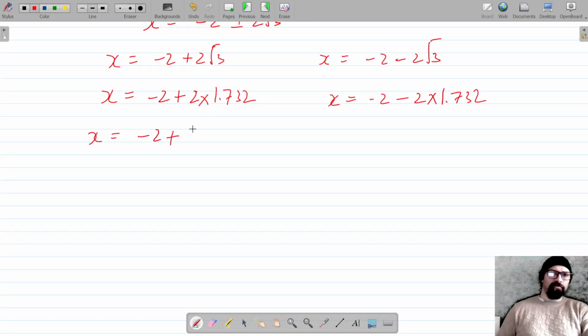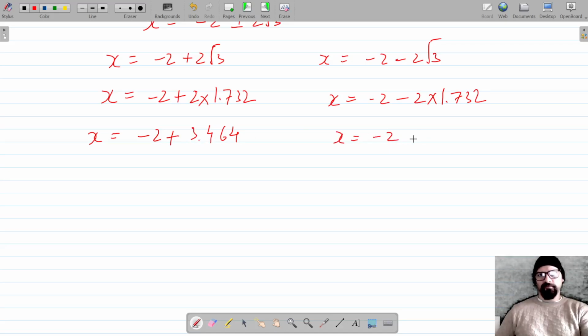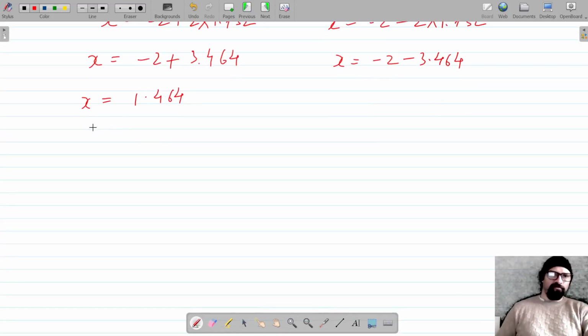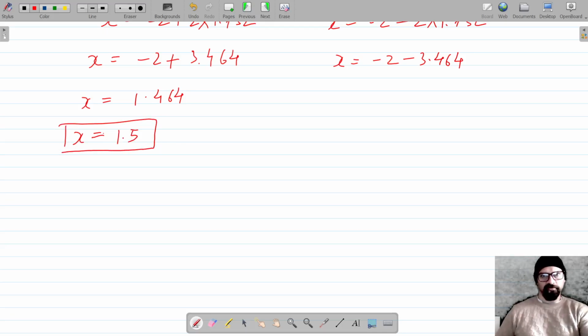So 2 times 1.732 is 3.464. The answer is positive, so if we subtract 2 here, this is 1.464. And we have to give the answer correct to one decimal place. So x is equal to 1.5. So the first one is x is equal to this.